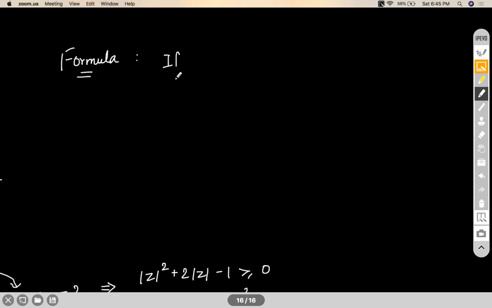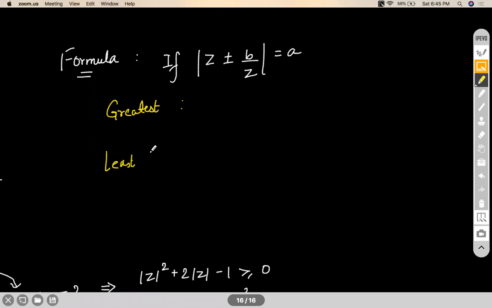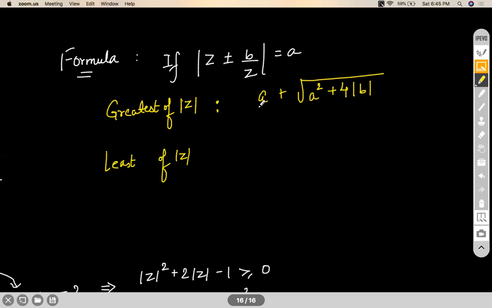If you have been given that mod of z plus or minus b by z is equal to a, and they ask you the greatest value and the least value of mod z, then the greatest value is given by a plus under root of a square plus 4 mod b, all by 2, and the least value is minus a plus under root a square plus 4 mod b, all by 2.